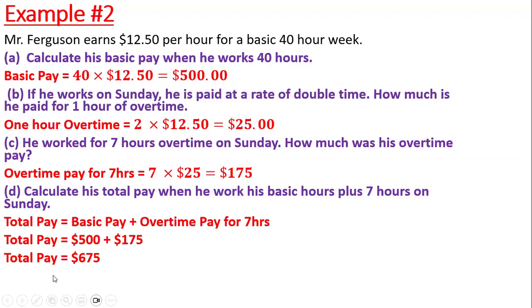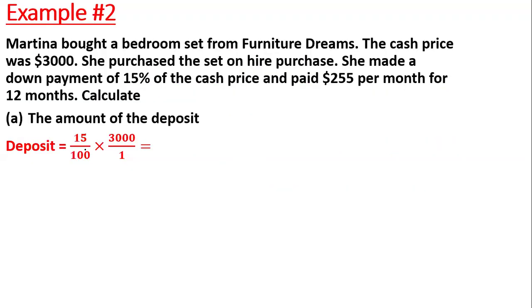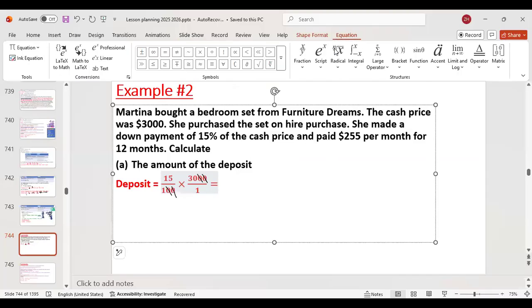Okay, so we cross out those two zeros, and then we multiply 30 by 15. Very good, excellent. So it's 15 over 1 multiplied by 30 over 1.